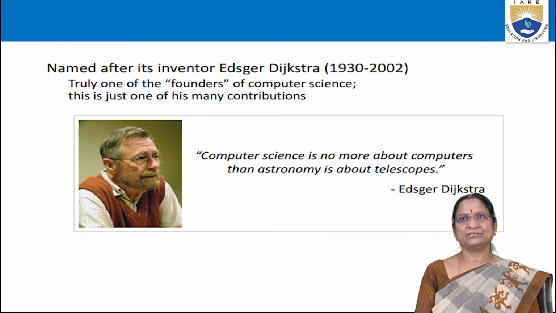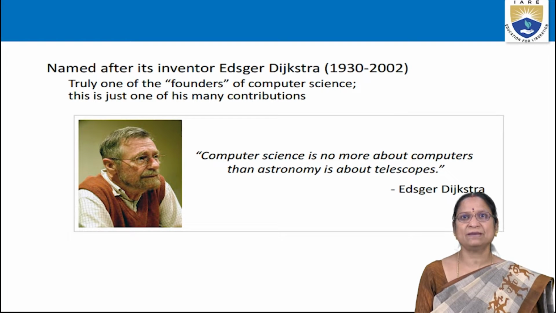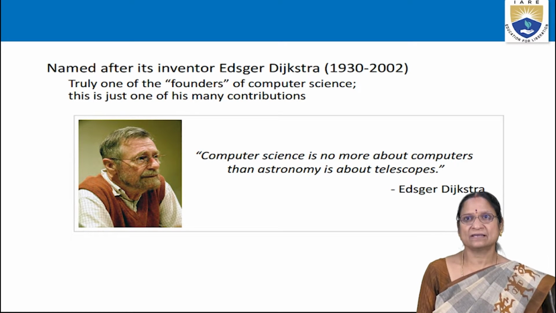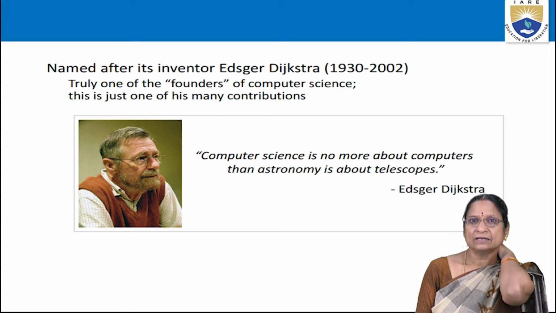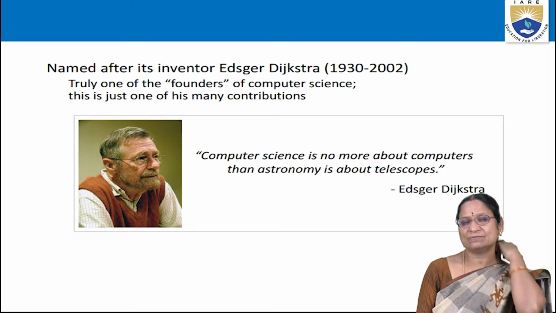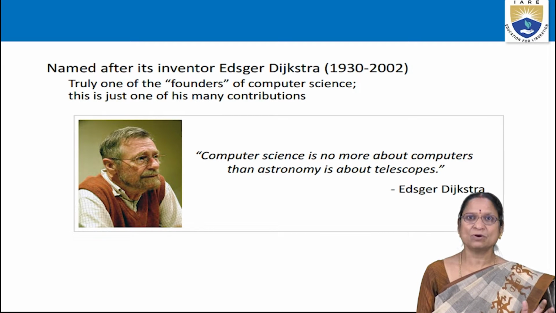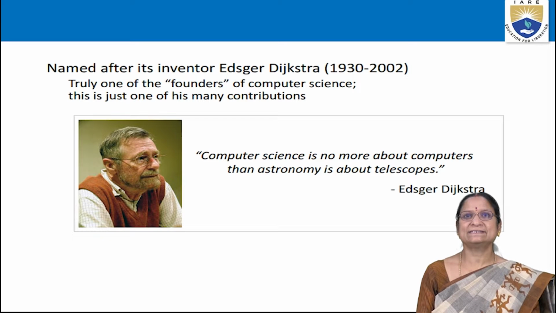To solve this single source shortest path problem, a great mathematician, Dijkstra, proposed an algorithm which is named after its inventor as Dijkstra's algorithm. Strictly speaking, he is one of the founders of computer science, and this is only a small contribution among his findings.